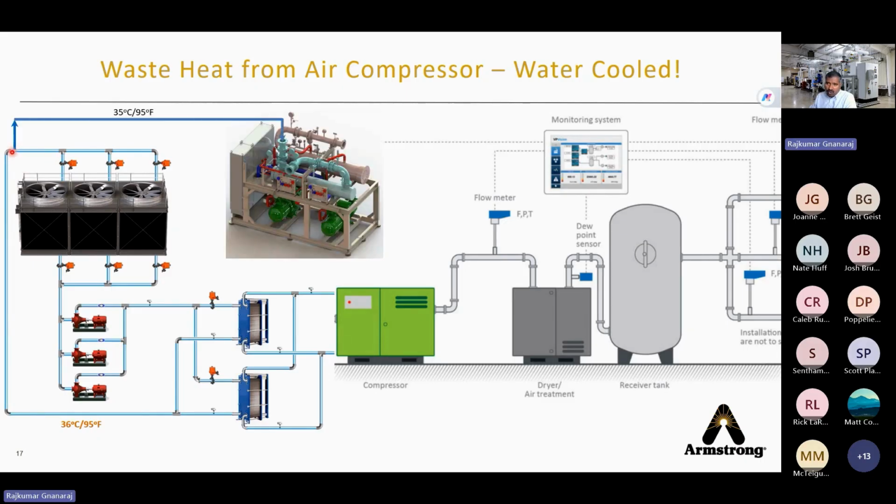We can divert the cooling tower return water before it goes to the cooling tower. We can divert it to the heat pump at 95-degree Fahrenheit. The heat pump is going to cool it down to 86-degree Fahrenheit and put it back in the same header. Depending on the evaporator capacity, the load on the cooling tower goes down. And on the condenser side, we can generate hot water all the way up to 175. In certain cases, we can go up to 180-degree Fahrenheit also.